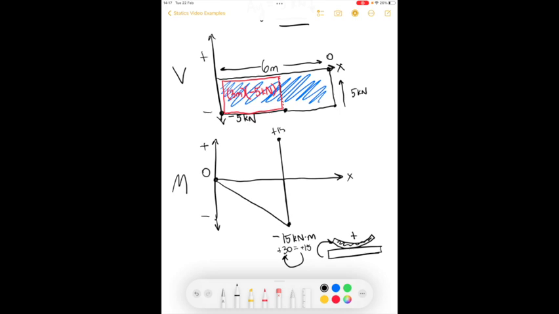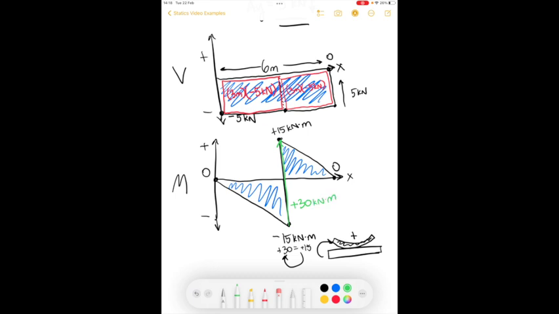So we're going to go up here to positive 15. And now we're going to figure out the area of this rectangle, which is the same, minus 15. So we start at positive 15 and go down 15 to reach 0. And so here we see the moment diagram. It looks like two different triangles. The reason for this is that there is a moment applied here, and it's a positive bending moment.